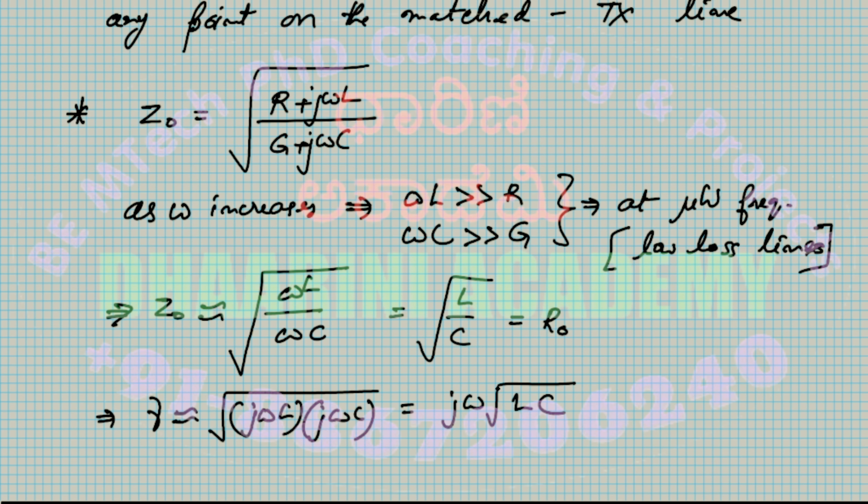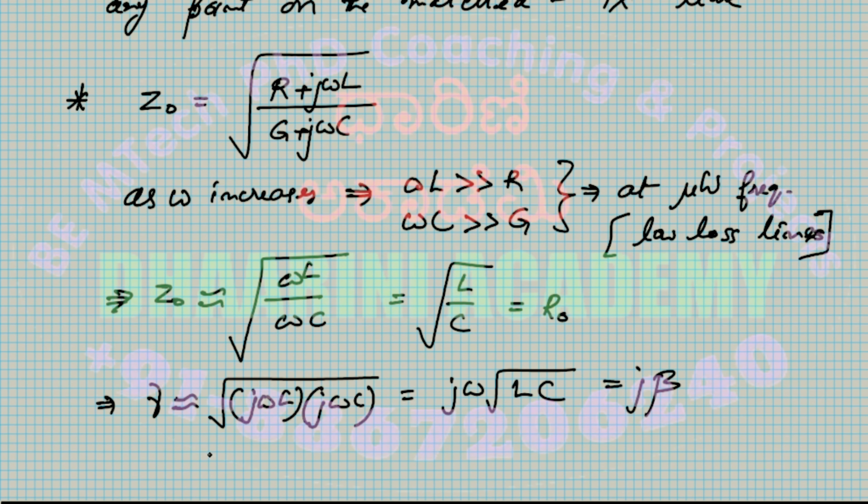So I can see that my gamma is only imaginary. This is j beta. So under this condition there is no attenuation. Alpha is 0 and beta is equal to omega root LC.